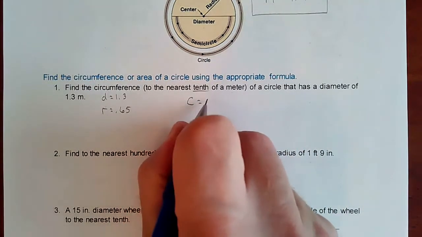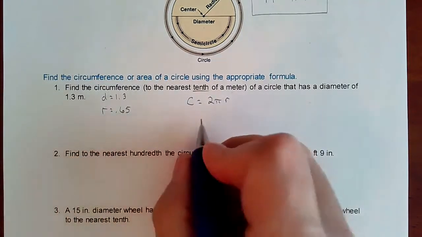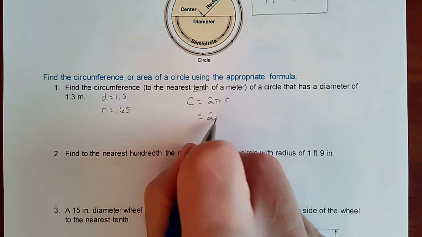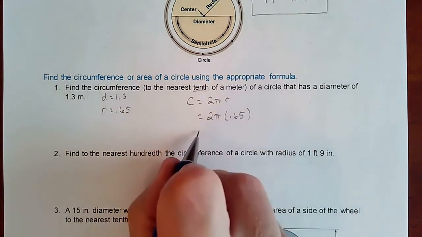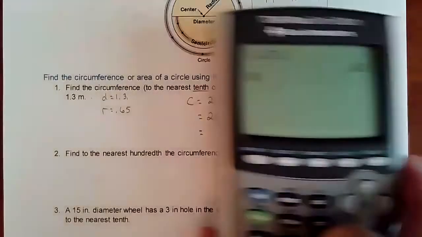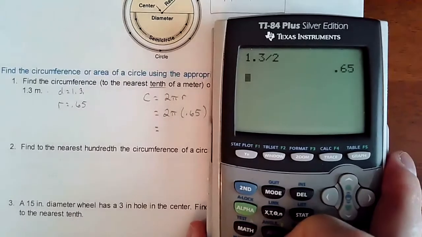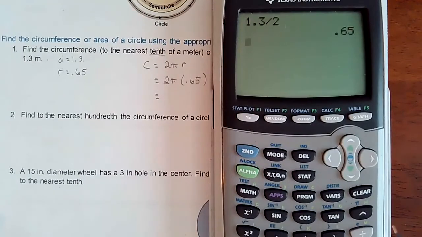So circumference is 2 pi r is our formula. The radius is 0.65. So 2 times pi times 0.65. And we are just going to throw that into a calculator. On this calculator is a pi button. The pi button is just a little bit above the division, where that caret is that you use for raising exponents.